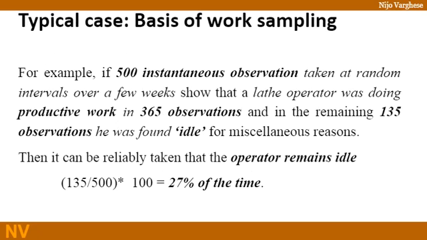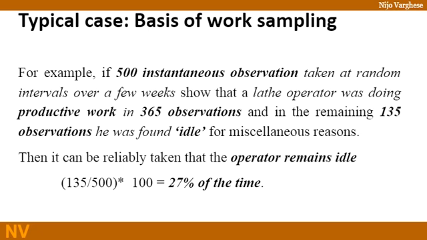Now let's look at a typical case in order to understand the basis of work sampling. For example, 500 instantaneous observations taken at random intervals over a few weeks show that a lathe operator was doing productive work in 365 observations, and in the remaining 135 observations he was found idle for miscellaneous reasons. So the observer has observed 500 times.